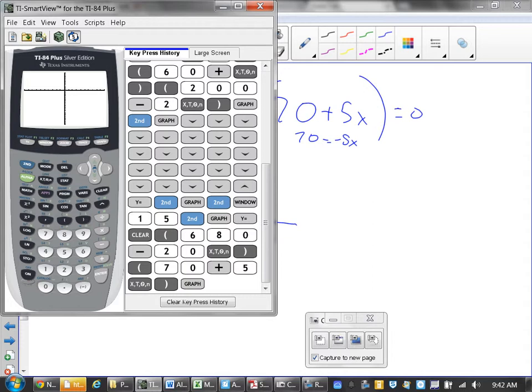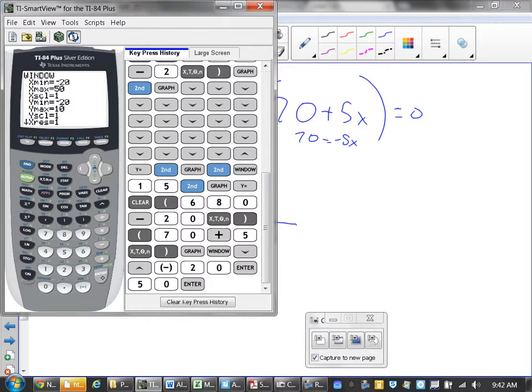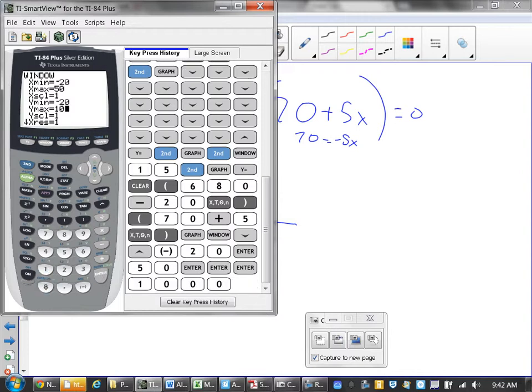Negative 14 and 34. It's still going to be way up there.